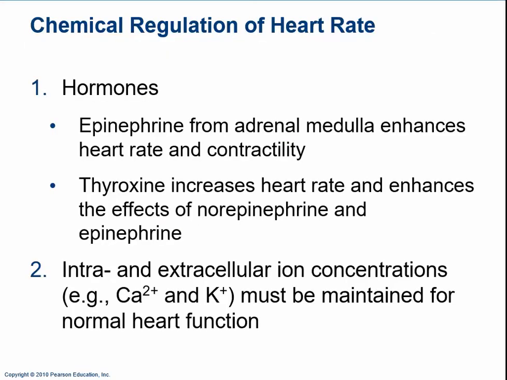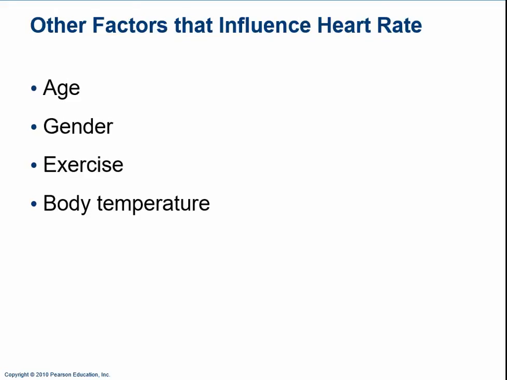So we regulate with hormones, we regulate with ion concentrations, right? Other factors would be age, as all of this works less well as we get older. Gender makes a big difference, because some of the hormones, like testosterone, actually enhance most of this.